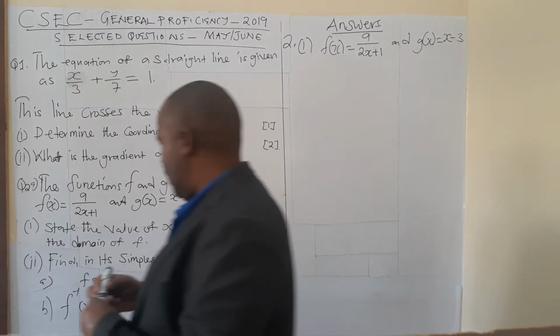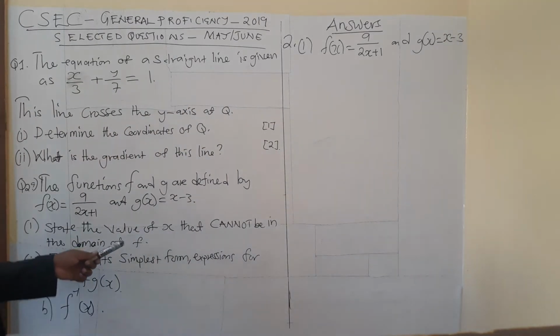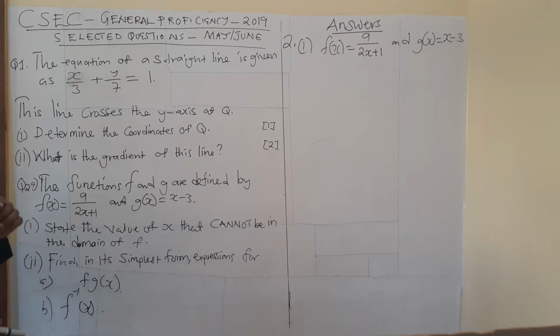Okay. So now, we are saying take the value of x that cannot be in the domain of f. Now, f can have a lot of values in the domain. But now we need to identify one value that should not be in the domain. So what does it mean? Look.